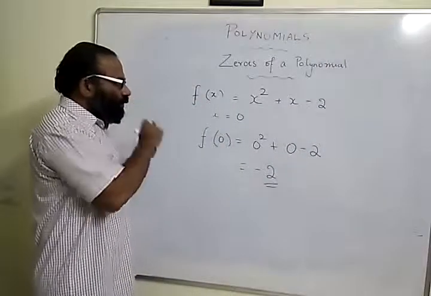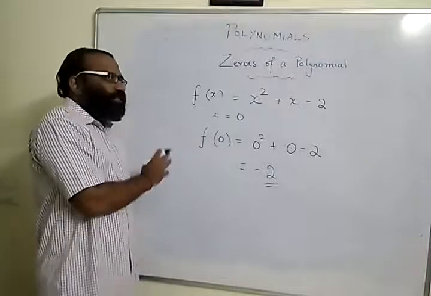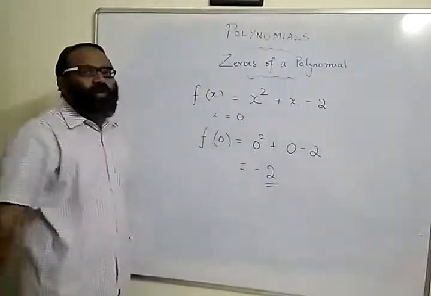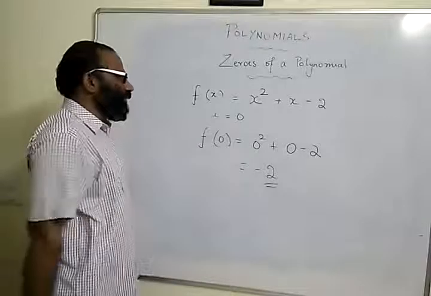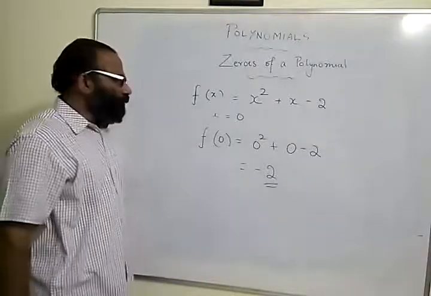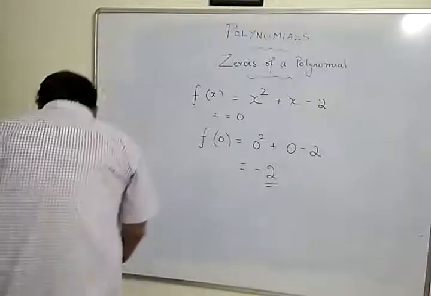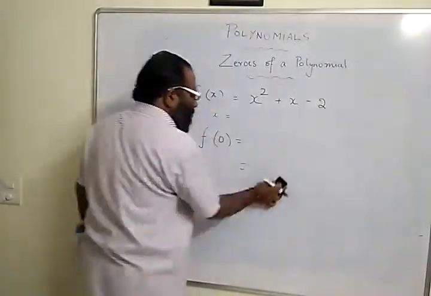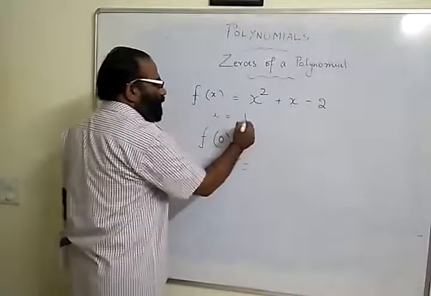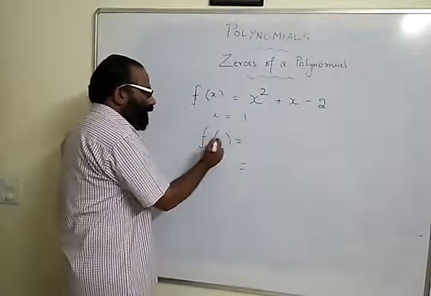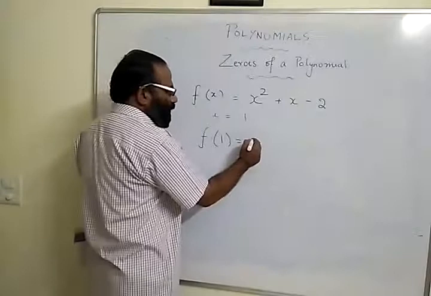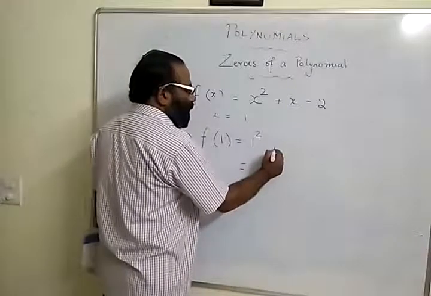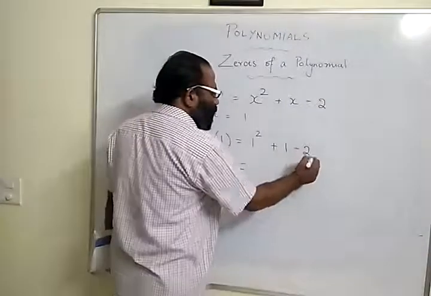Now, this is the way that if a question is asked what would be the value of the polynomial for a particular value of x, you would do it. Now, when x is equal to 1, what happens? You would say f of 1 equals 1 squared plus 1 minus 2.